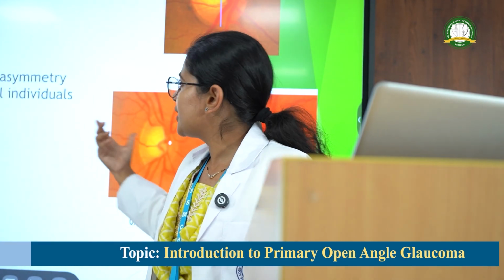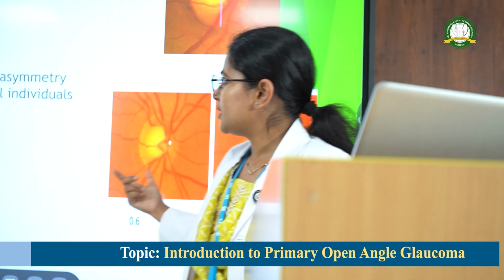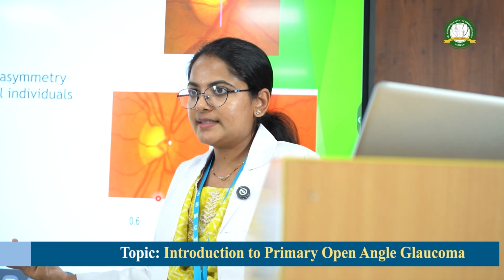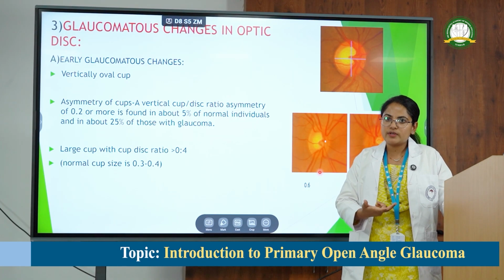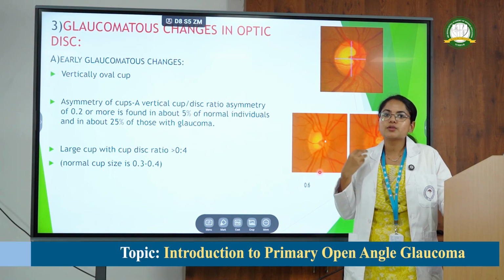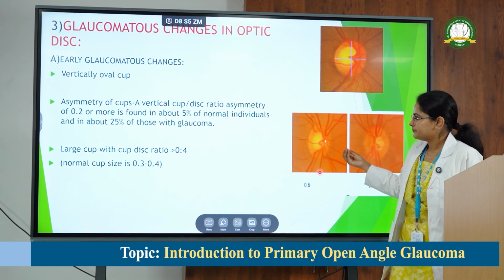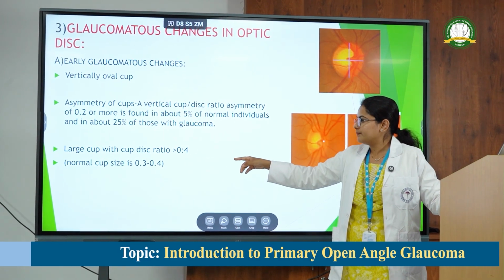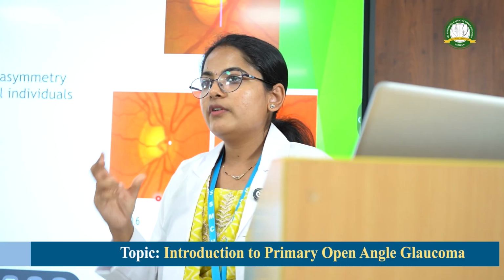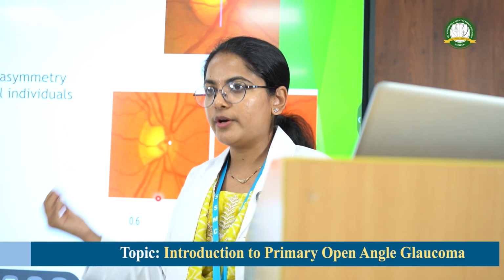Now other changes, how do we confirm? If there is glaucoma in the patient, there will be asymmetry of the cup. So if the right eye is 0.3 and the left eye is 0.4, an asymmetry greater than 0.2 also indicates that the patient is going into glaucoma. So large cup disc ratio. Normal cup disc ratio is 0.3 to 0.4.